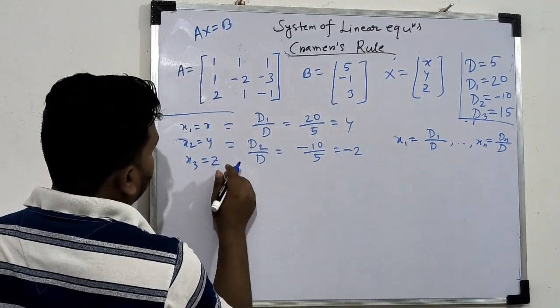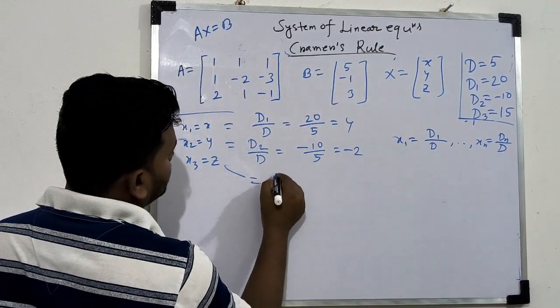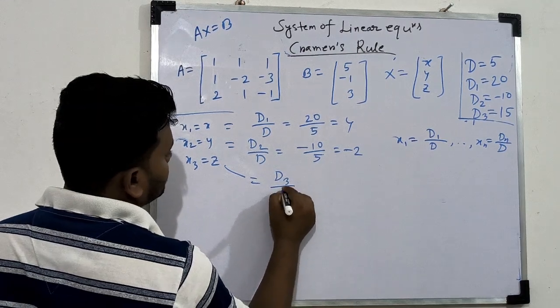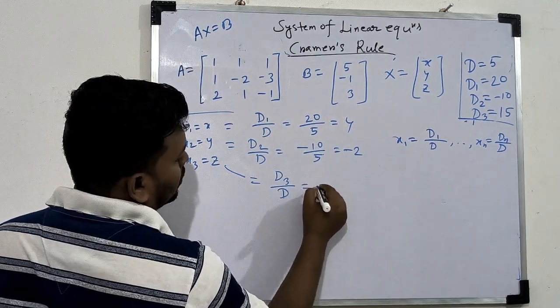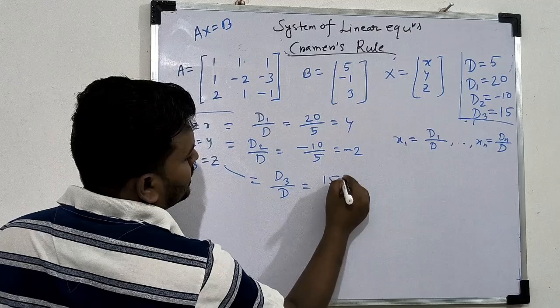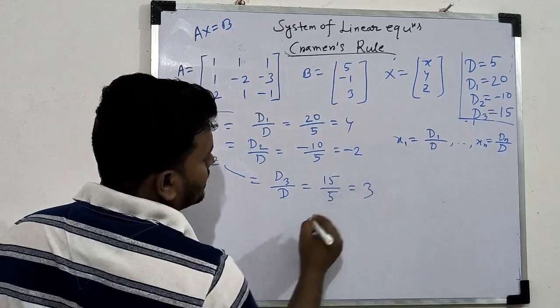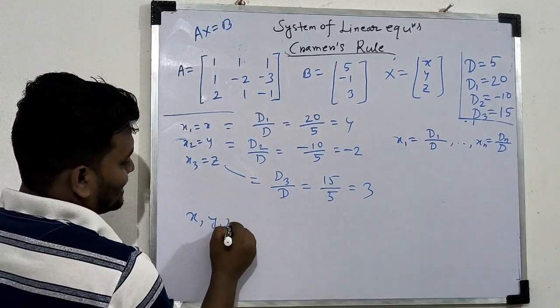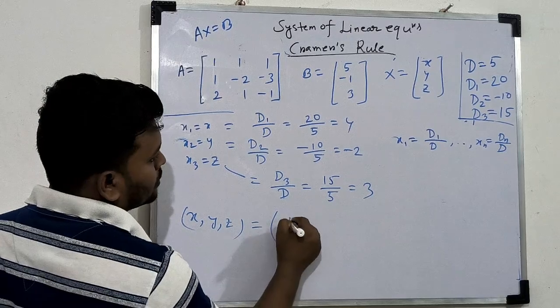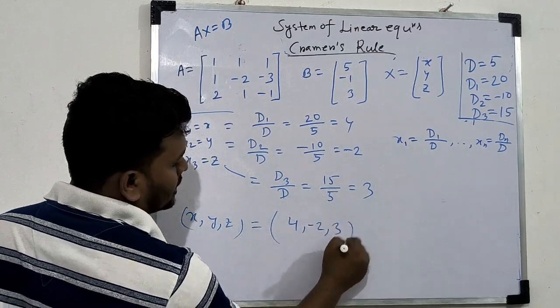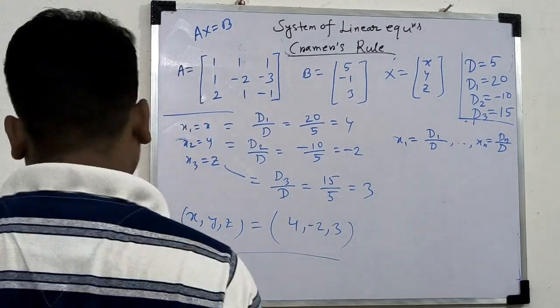And z equal to D3 by D, D3 is 15 by 5, so this is 3. So the solution x, y, z equal to 4, minus 2, 3. So this will be the answer.